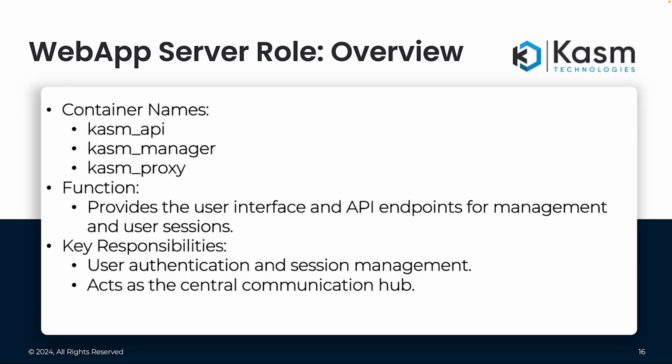Now, I put kind of an asterisk next to that because if we're talking about multi-region, or we're talking about direct connect, like for RDP or something like that, there might be some cases where it's not quite centrally managing the communication. There might be some points in time where it offloads it, but by default, you might as well consider it the central communications hub.